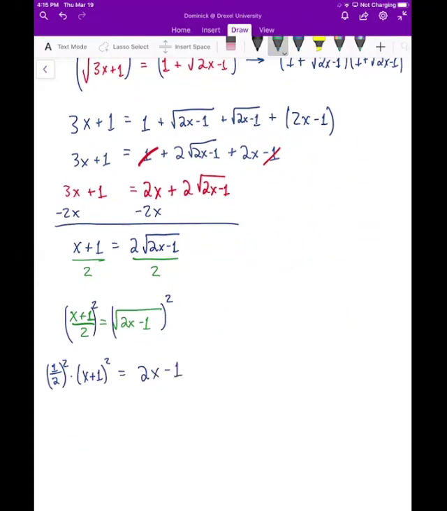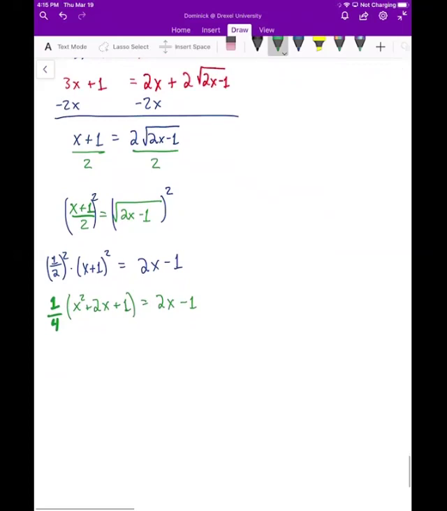So now if you square a half, that's 1/4. And then if we FOIL out x plus 1 squared, that will become x squared plus 2x plus 1. And then that equals 2x minus 1. Right? Now, just to get rid of this fraction, I'm going to multiply both sides by 4.